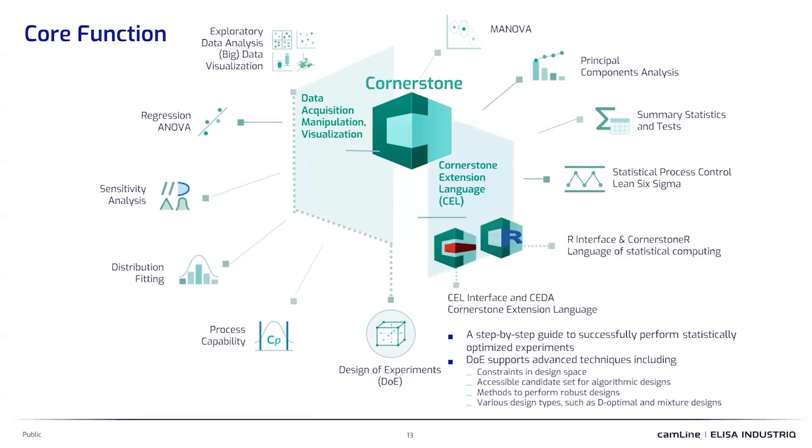The Cornerstone extension language allows you to automate the analysis, which can be useful in testing your systems and equipment. And Cornerstone R gives you more freedom and allows you to use more advanced statistical models from R. Now I would like to give you a very short demo of what Cornerstone looks like.